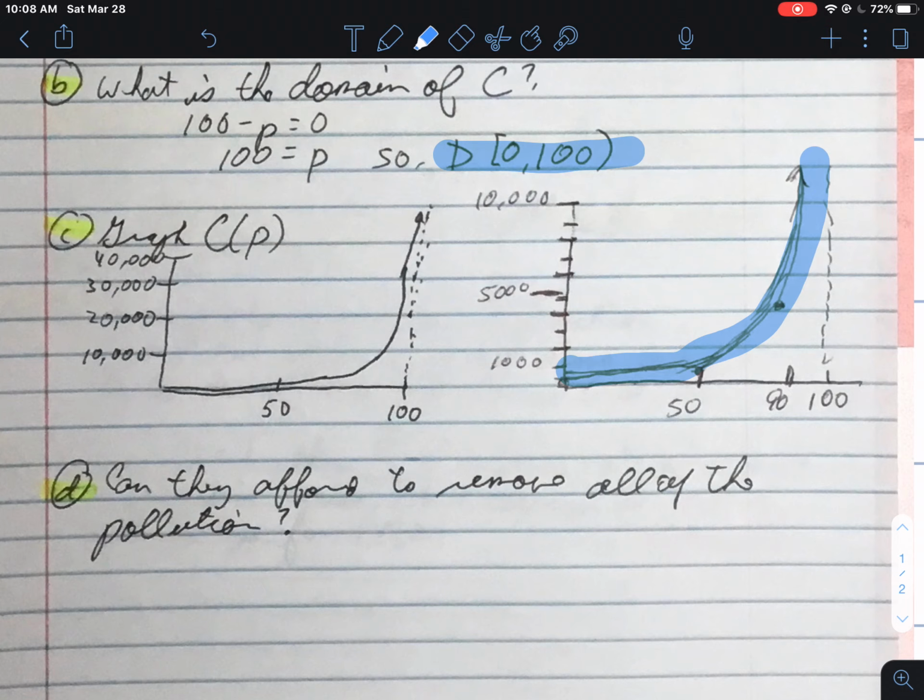The graph is going to get closer and closer to that line, x equals 100, the vertical asymptote, but it'll never touch it. So the graph is going to continue with the same behavior on the left that we see on the right.